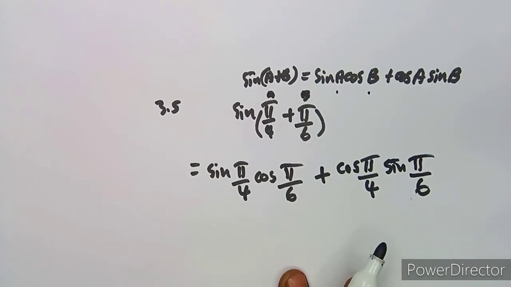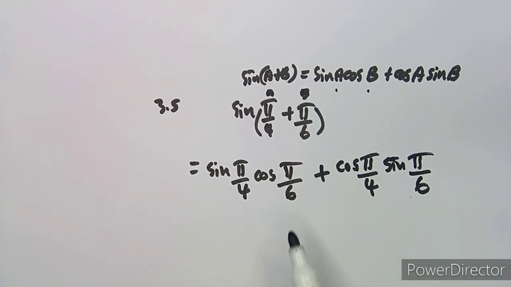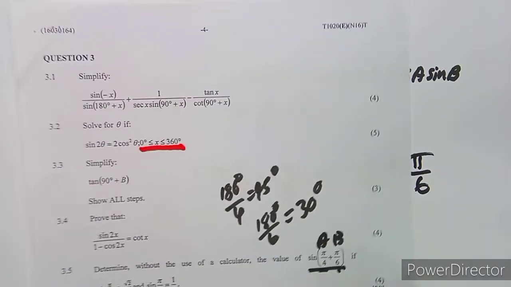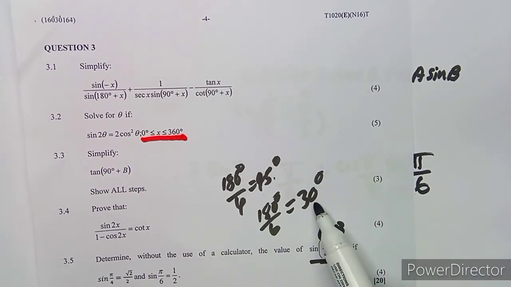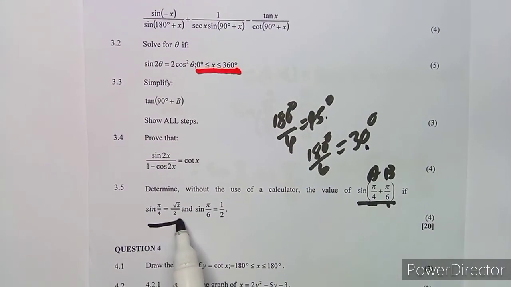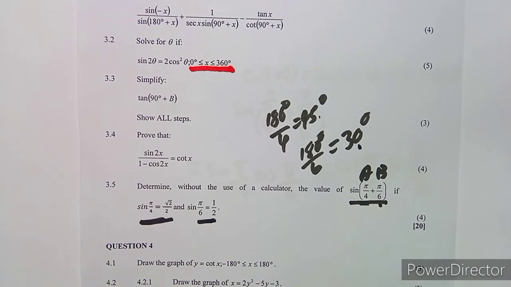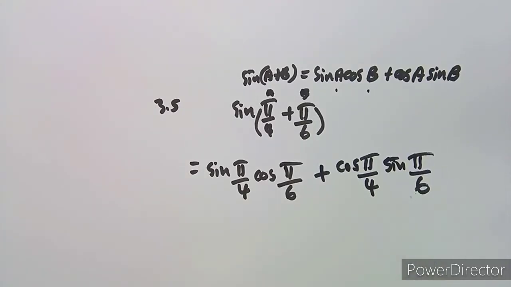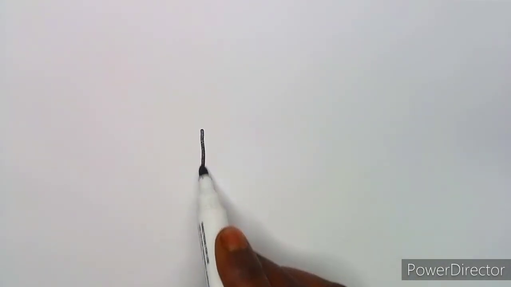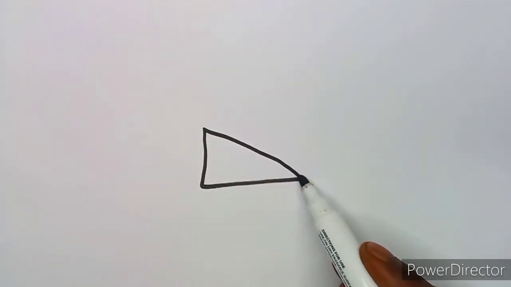So where are we going to obtain these values? Remember, guys, we said pi over 4 is the same as 45 degrees and pi over 6 is the same as 30 degrees. So we can go back to our special triangles and make sense from there. Remember, we're just going to have our right angle triangle like this.